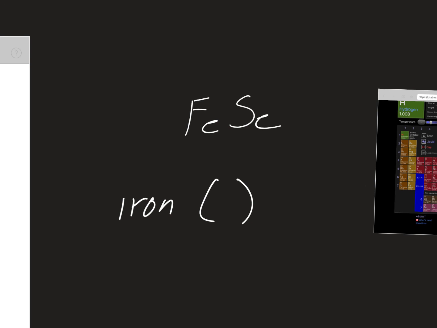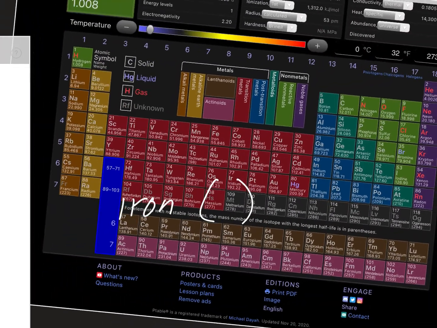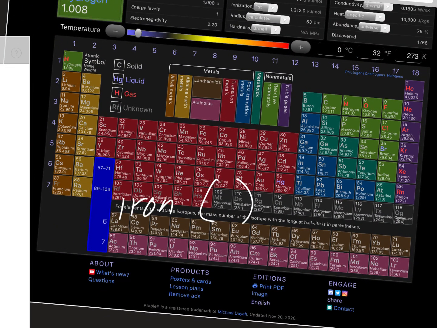And then to figure out that charge, we're going to have to figure out what this Se is. And if you look, Se is right over here. It's selenium. Now, selenium, a non-metal, we have to make it fit selenide is what we're going to do. And so it's going to be selenide to change it up.